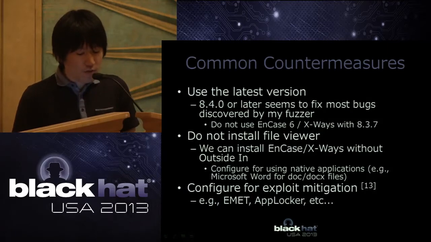Instead, configure it for using native applications. For example, set Microsoft Word for viewing doc and docx files. Last but not least, configuration of exploit mitigation like EMET and AppLocker is also effective.